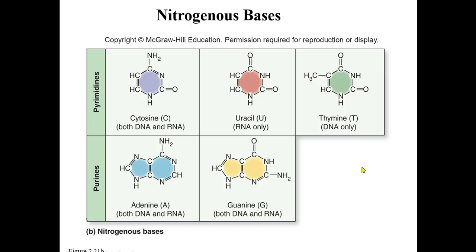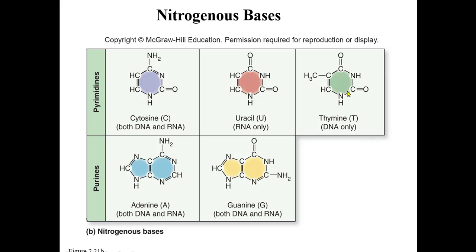Now, you do need to remember this. Uracil is only found in RNA. And thymine is only found in DNA. So that's important. The other thing is the pairing. A will pair with T in DNA.